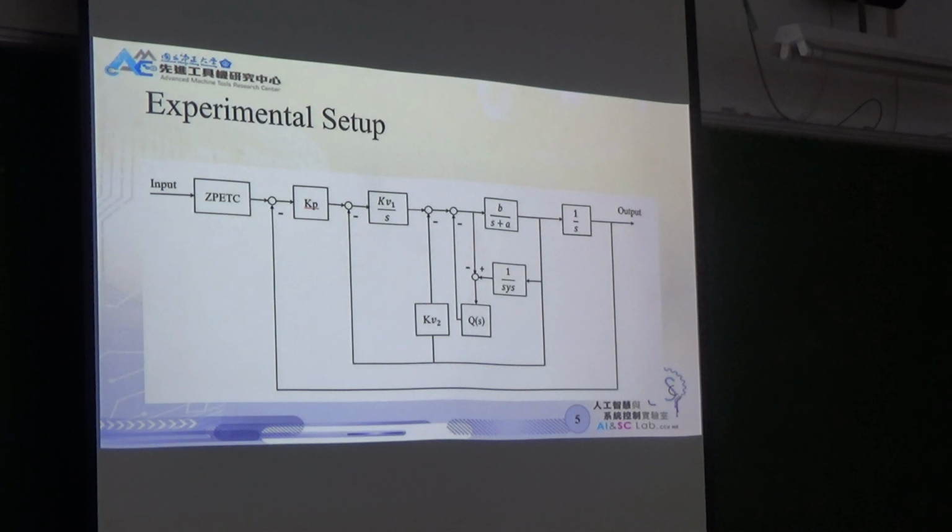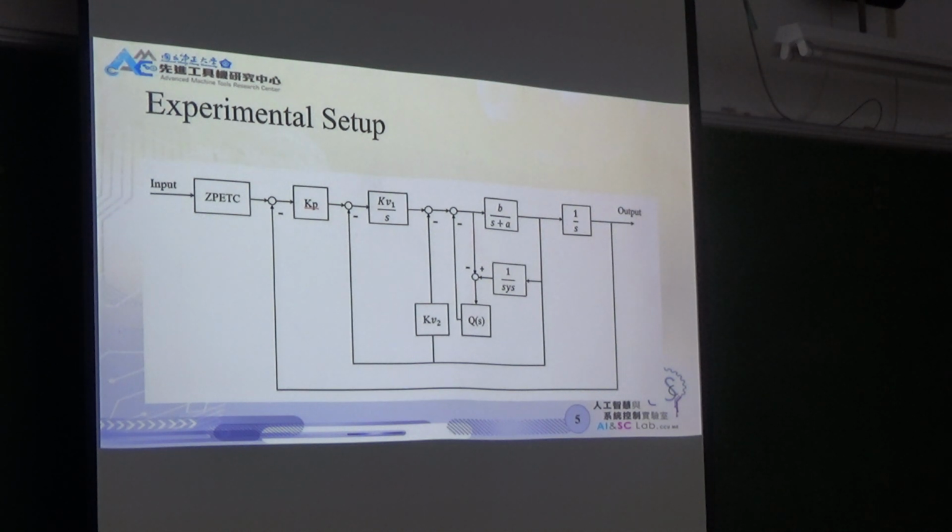Since first is IP and second is DC, but finally is the custom, so you design DPTC before you design the disturbance observer.